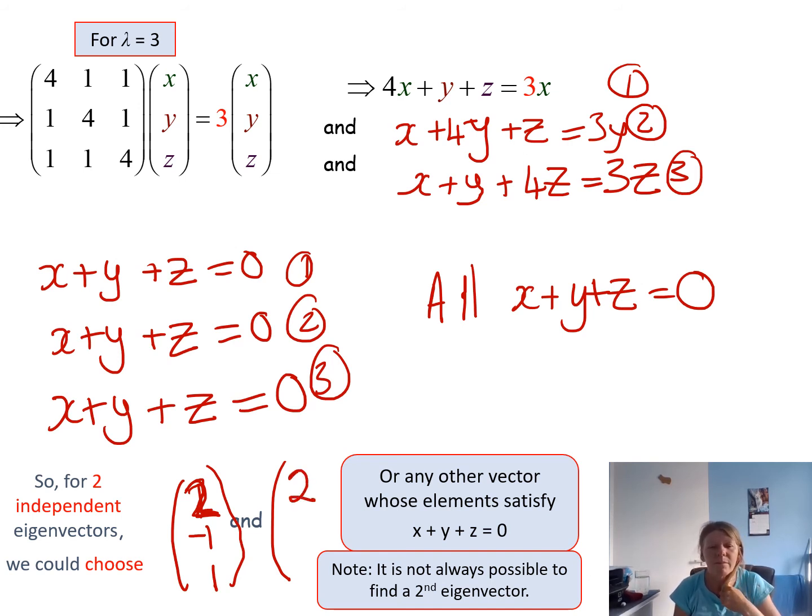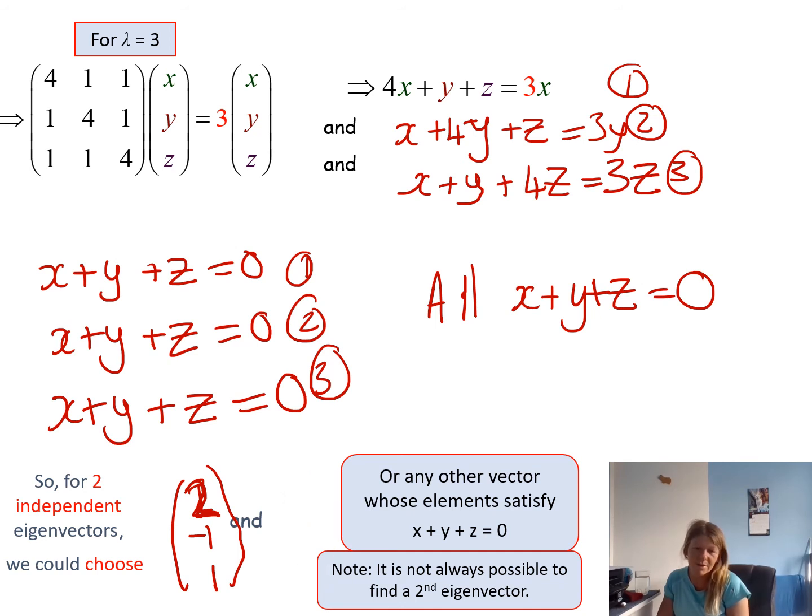So we could have minus 5 and 5, couldn't we? That would work, wouldn't it? Oh, it's a multiple. It's a multiple of that, so it's not right. So yes, it is 2 eigenvalues, but they're not independent. So rub it out.